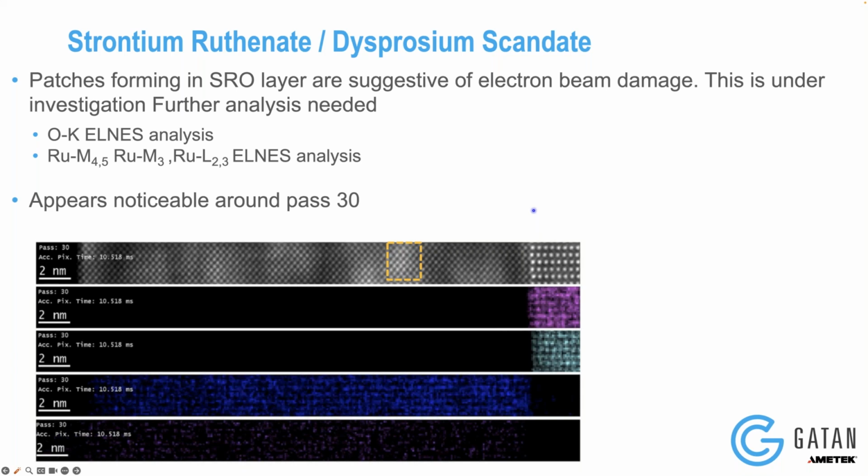I think we also need to do some oxygen K ELNES analysis, and ELNES analysis on those ruthenium edges, and see if there's any changes in chemistry, and try to determine which is our cutoff pass that we want to work under. I think just in the first round, it seems like we probably shouldn't go higher than pass 30. And that is an accumulated pixel time of 10 milliseconds.